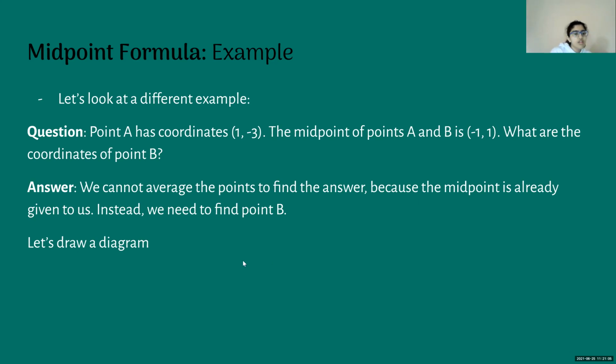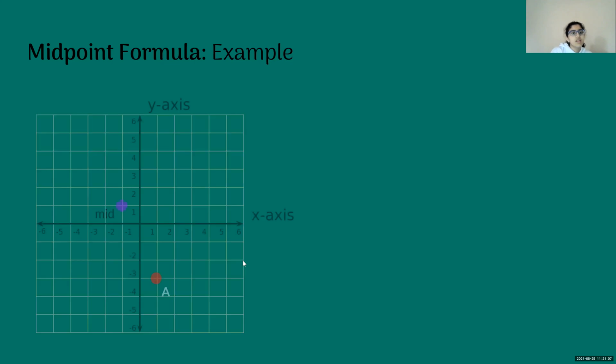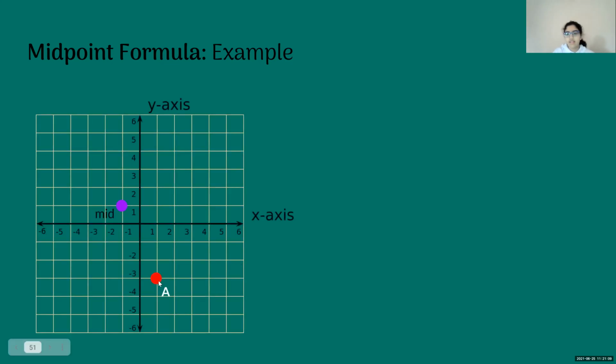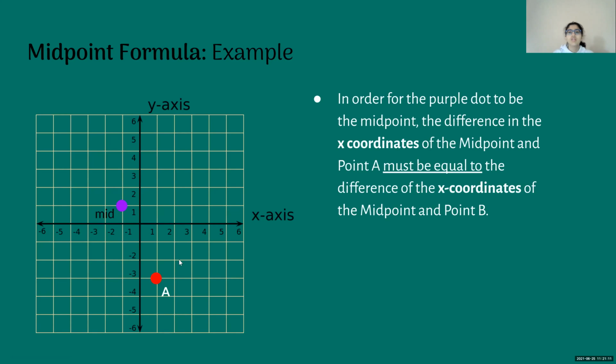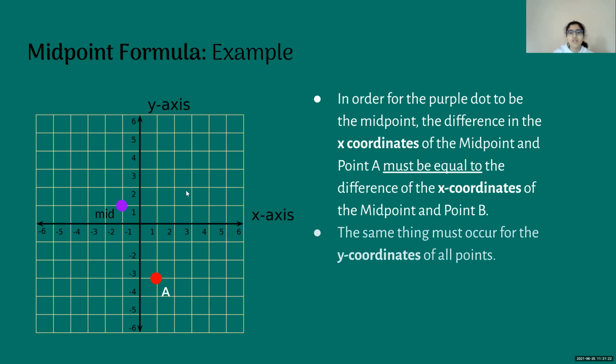Okay, so let's draw a diagram to do this. So we see that this is the midpoint and this is A. So in order for the purple dot to be the midpoint, the difference in the x coordinates of the midpoint and point A must be equal to the difference of the x coordinates of the midpoint and point B. So that must occur for the y coordinates too.